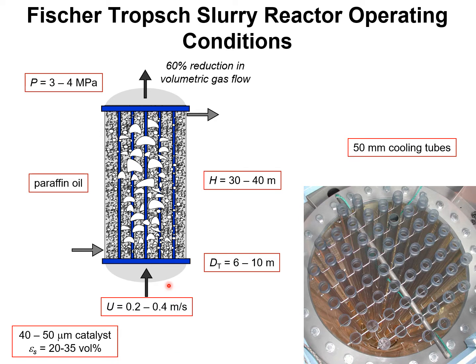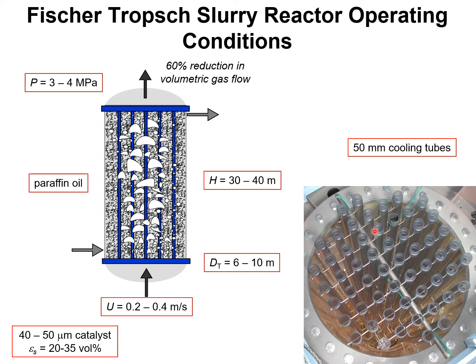Due to the extremely high heat of reaction, the reactor has cooling tubes installed in it in order to remove the heat generated during the exothermic FT reaction.